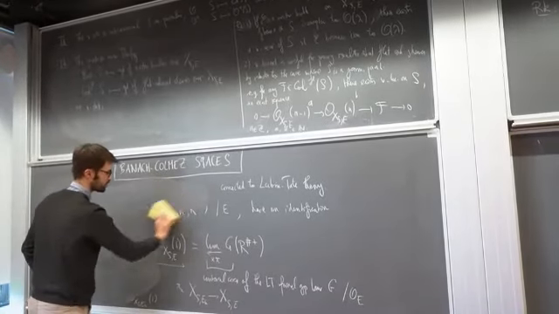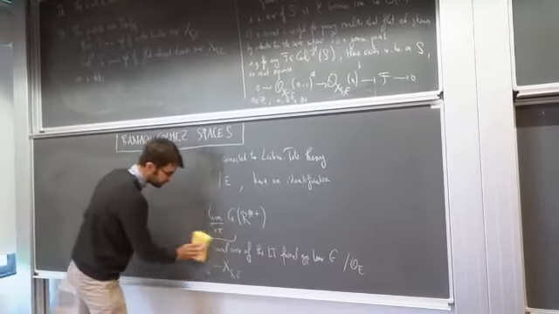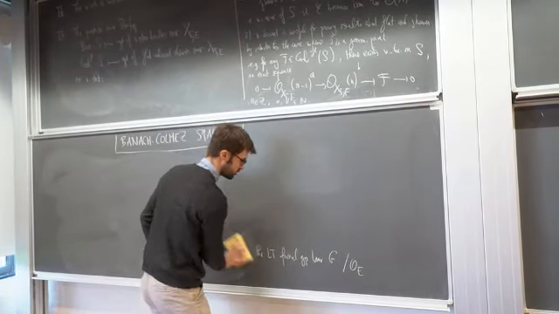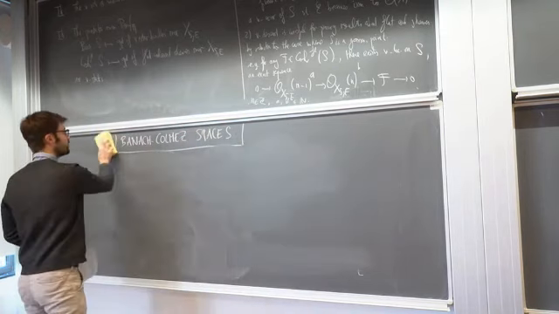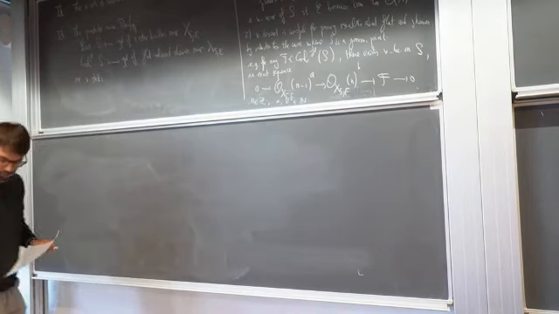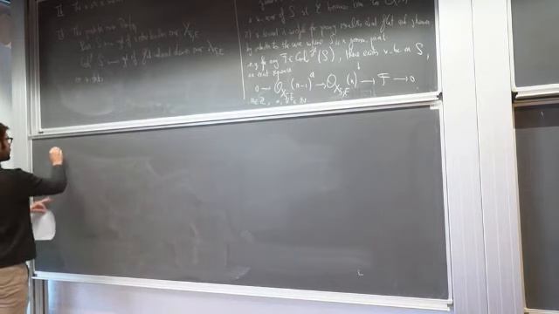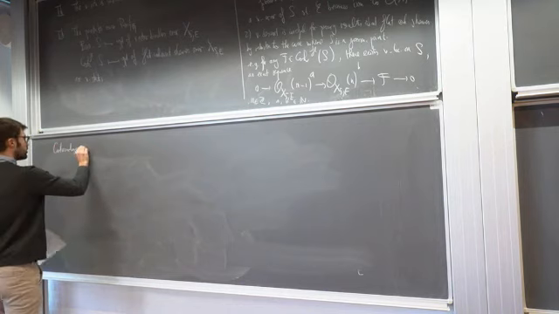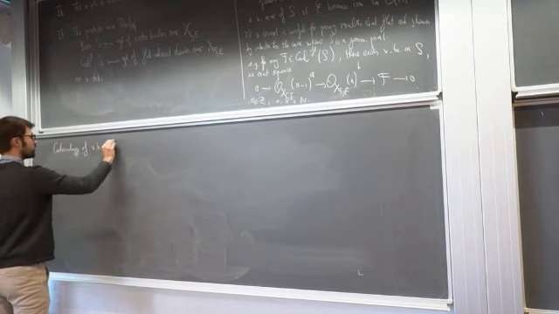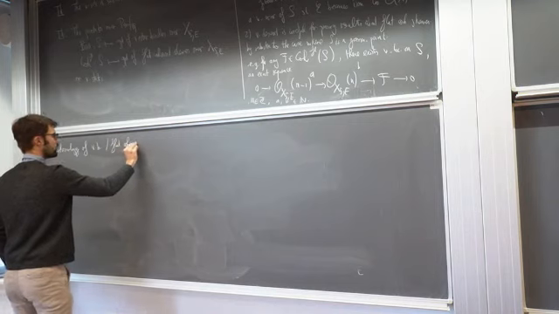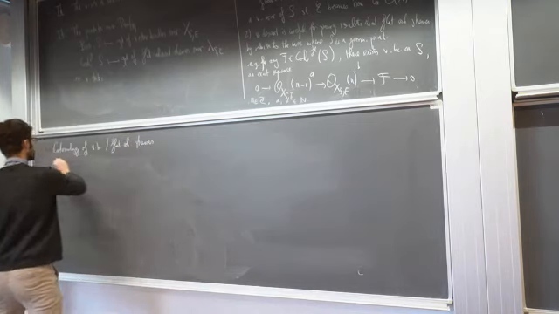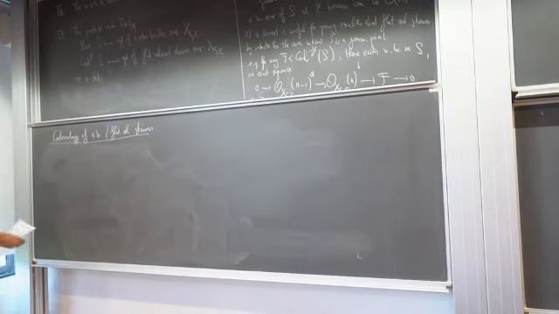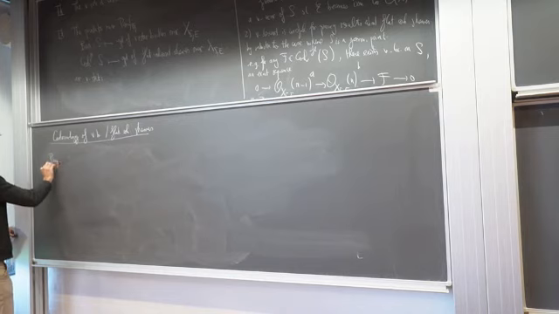So now I want to come to Banach-Colmez spaces, so I want to say something about cohomology of vector bundles or flat coherent sheaves on this curve. Start with a proposition.